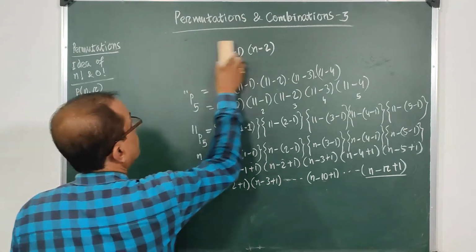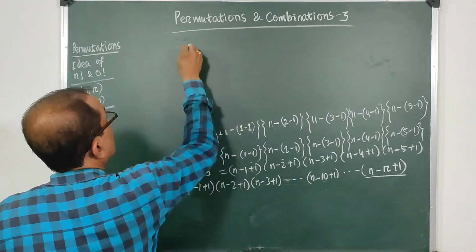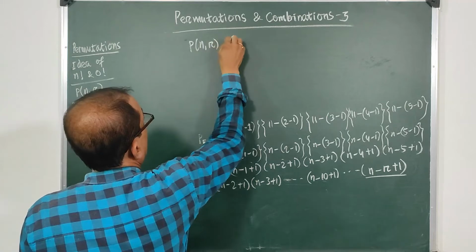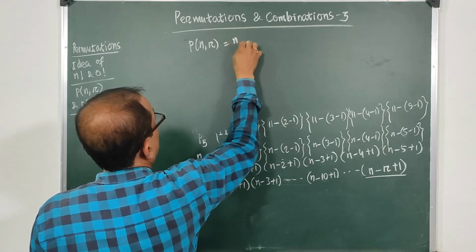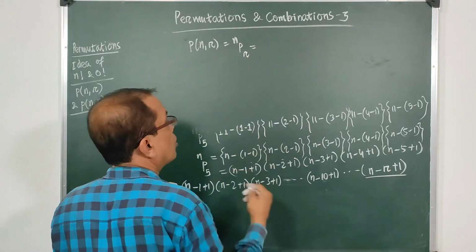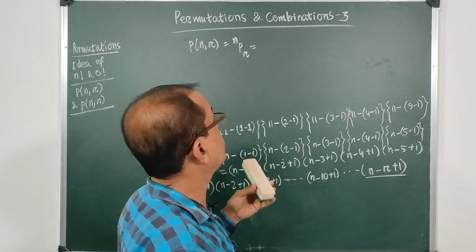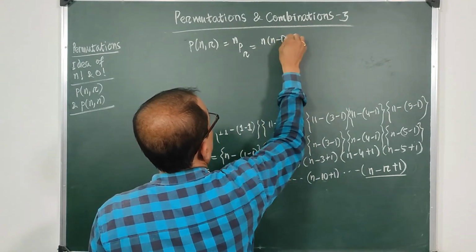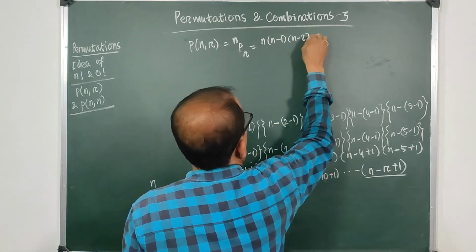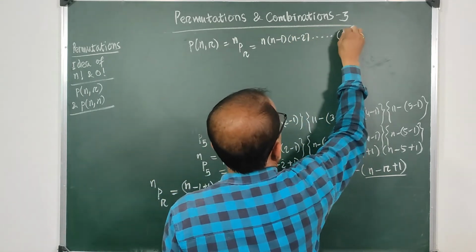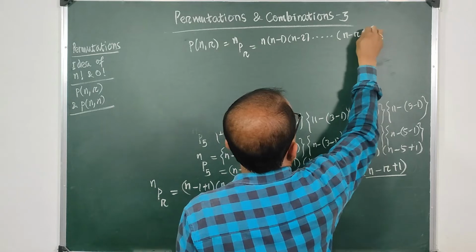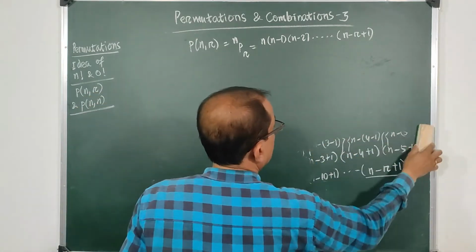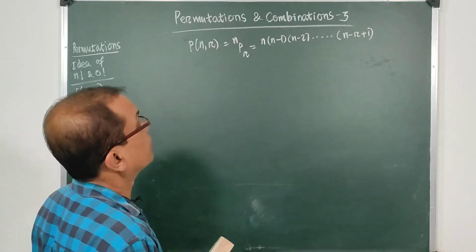So let us take the formula like this: nPr is the product of r consecutive numbers. The first number is n, second is n minus 1, third is n minus 2, and this way the last term will be n minus r plus 1. This is the formula of nPr.